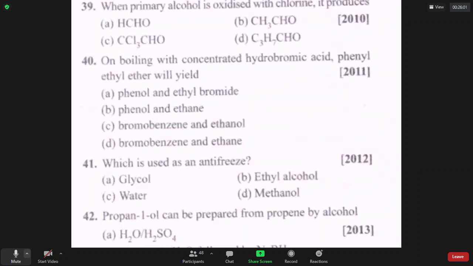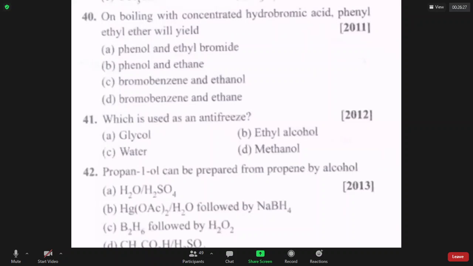The other alkyl part will take the halide ion. Reason? The carbon-oxygen bond in the phenoxy group is very, very strong. Therefore, phenyl ethyl ether, when it reacts with HBr, gives phenol along with ethyl bromide as the other product. This is always the rule. So answer to question number 40 must be anti.